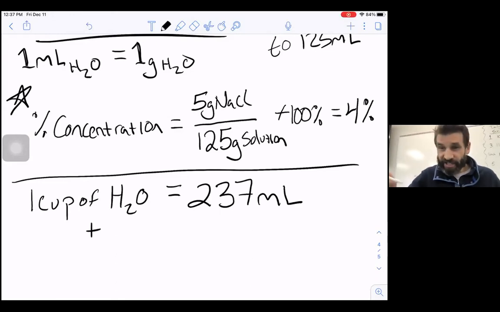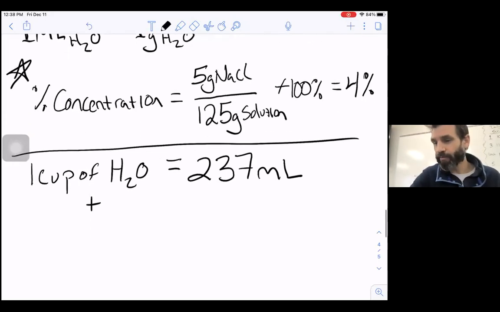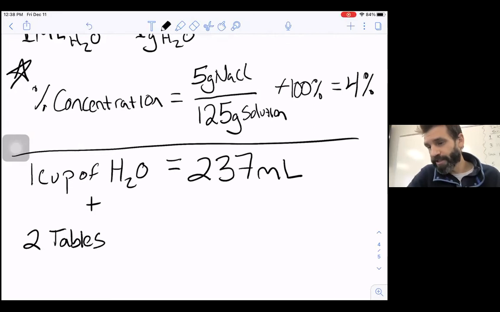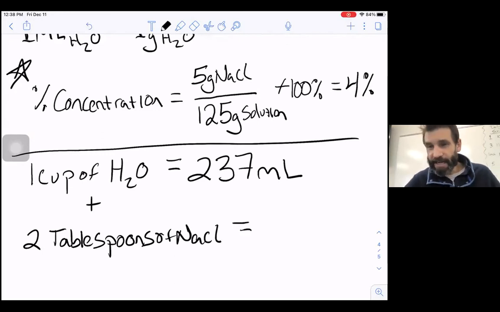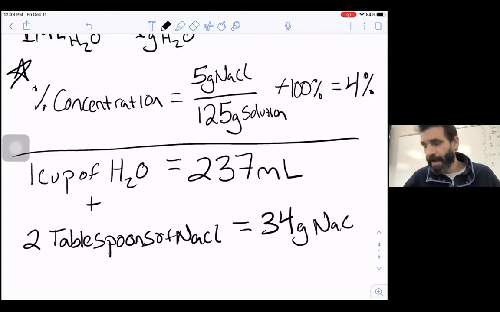And then I poured out a cup, and then I added in 2 tablespoons of NaCl. And each tablespoon apparently weighs 17 grams. So that would have been 34 grams of salt.